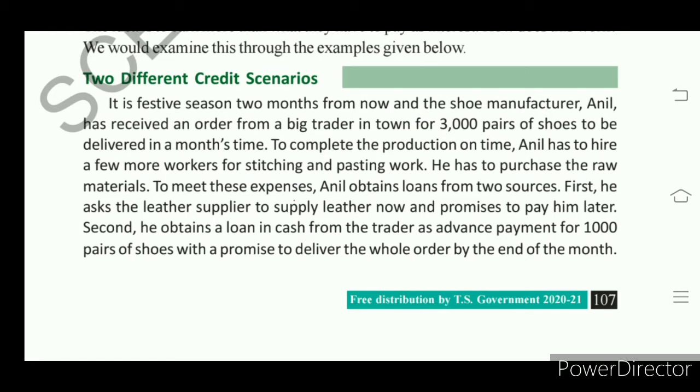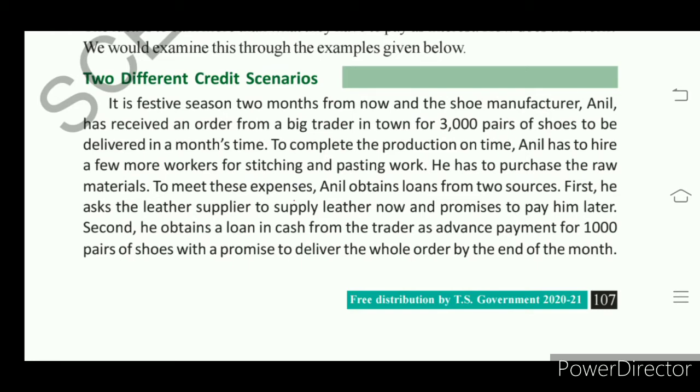One is he asked the leather supplier to supply leather in advance, and he promised to pay later. Second is that he took a certain amount from the trader to whom he delivers the 3,000 pairs of shoes. Cash equal to 1,000 pairs of shoes is taken by Anil well in advance. So that is what we call advance payment.